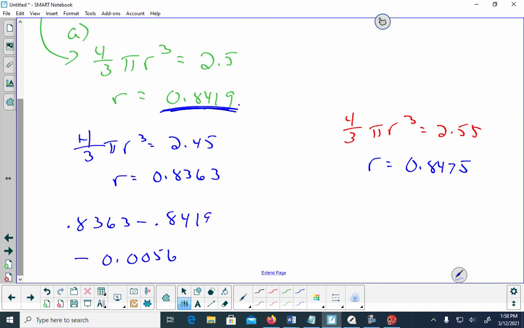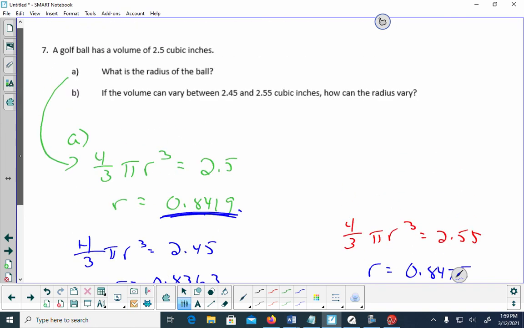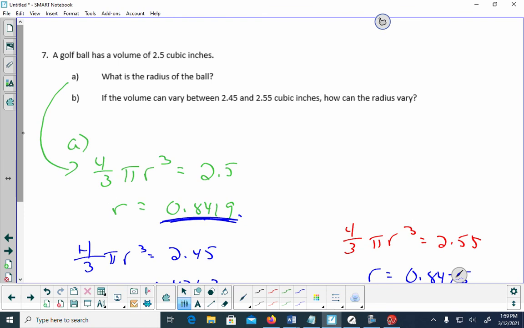If I take this perfect radius of 0.8419, oh, I should do actually 0.8475 minus 0.8419, I'm going to get a positive 0.0056. So up here, my original volume is 2.5. So if I take 2.5 minus 2.45, that's going to be 0.05. If I take 2.5 minus 2.55, that's going to be negative 0.05.